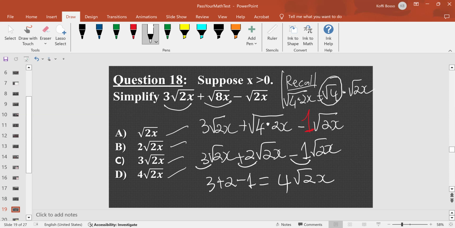So you have 4 square root of 2x, and the correct choice is D. So these are out. Understand this like 3 bananas plus 2 bananas minus 1 banana. The square root of 2x, we call this like terms. And that's why you have to do the operation using the coefficient, the number outside.